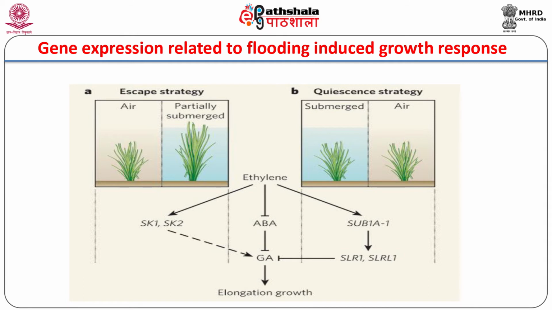The Sub1A transcription factor prevents the GA-induced degradation of two DELLA proteins, Slender Rice 1, SLR1, and SLR1-like, in submerged shoots, thus inhibiting GA-mediated elongation. Hence, ethylene regulates both promotion or suppression of underwater elongation depending on the response strategy of the plant to flooding stress.